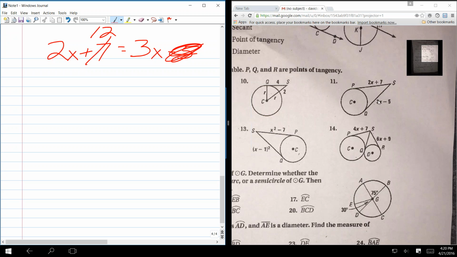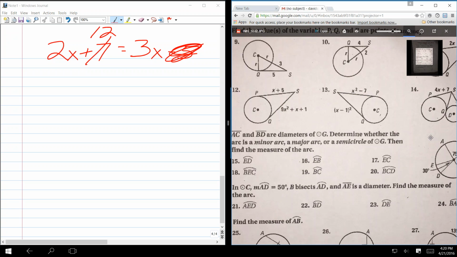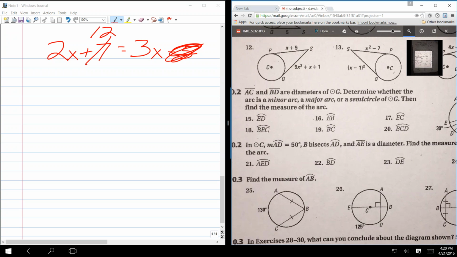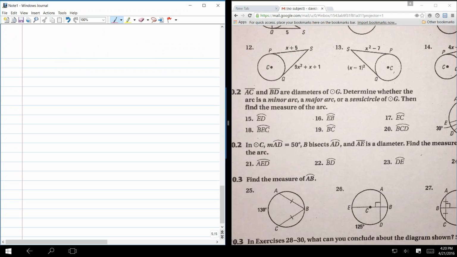When they have two tangent lines, you just set them equal to one another and they solve quite well. 12, similar thing, but the algebra is a little more complicated. What's the equation? 9x squared plus x plus 1 equals x plus 5. Okay, next step.